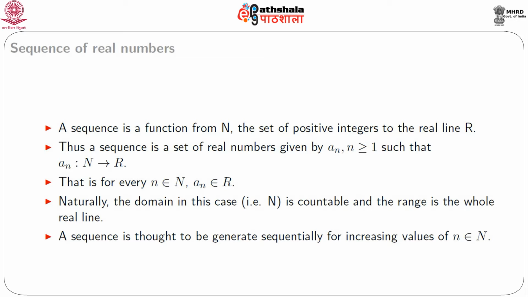Thus, for every n belonging to capital N, we get a value of a_n, or the value of the sequence, belonging to the real line. Naturally, the domain in this case is countable and the range is the whole real line. A sequence is thought to be generated sequentially for increasing values of n.